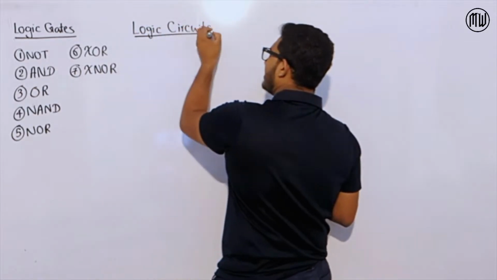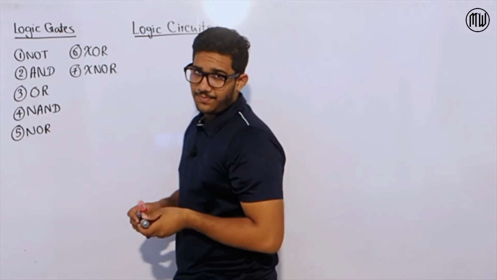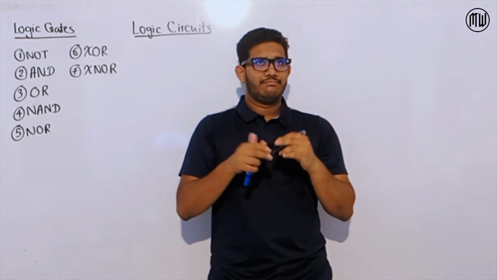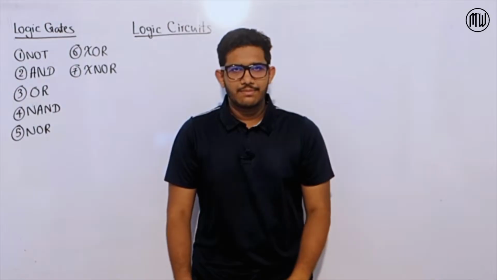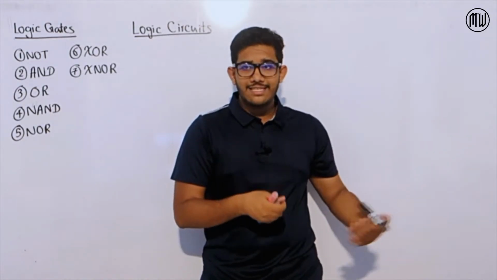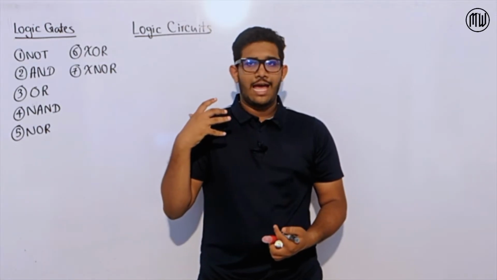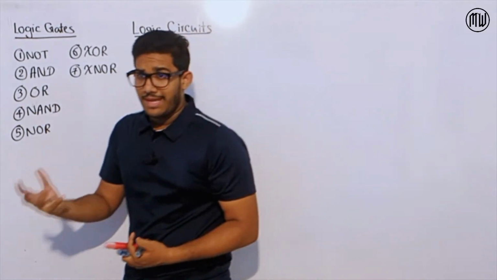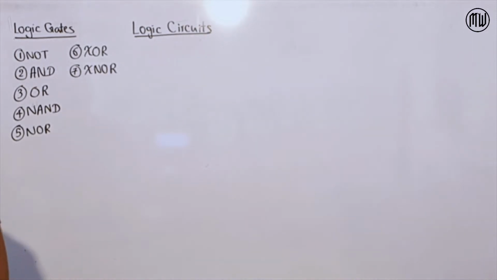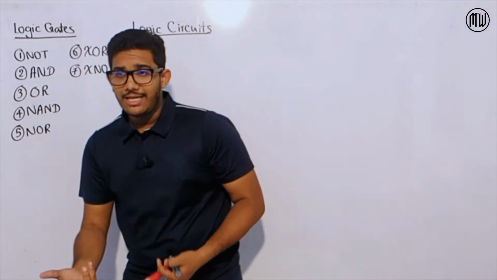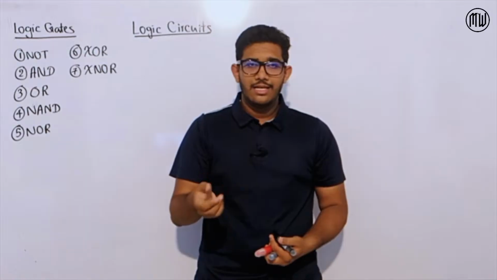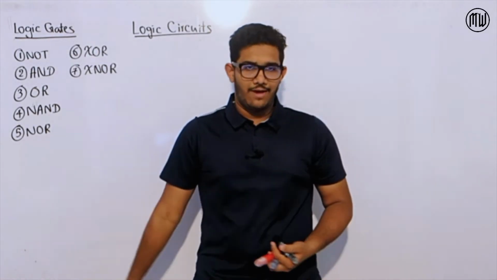Logic circuits. A circuit is basically a combination of gates, right? We are using a bunch of gates in order to get one answer. It could have either one input or many inputs, but a circuit is essentially using a lot of logic gates to get one final output.